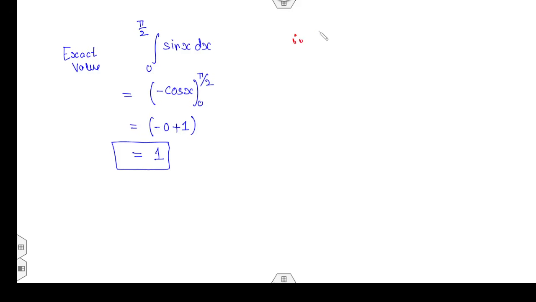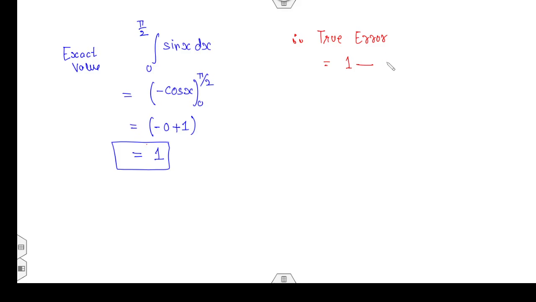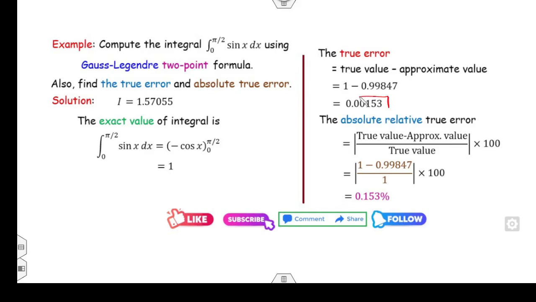Therefore, the true error will be exact value minus approximate value. The approximate value is 0.99847. After this subtraction, you will get the answer 0.00153.